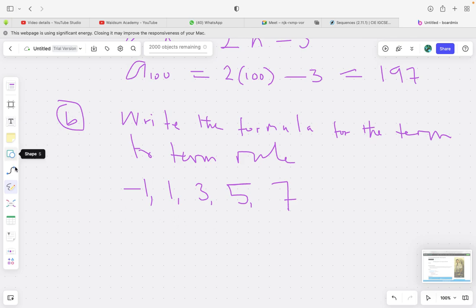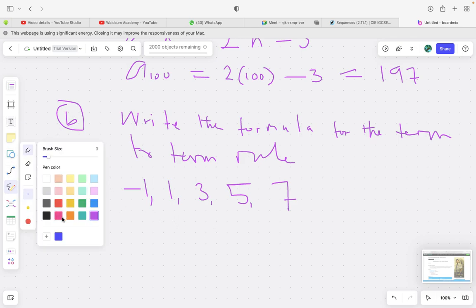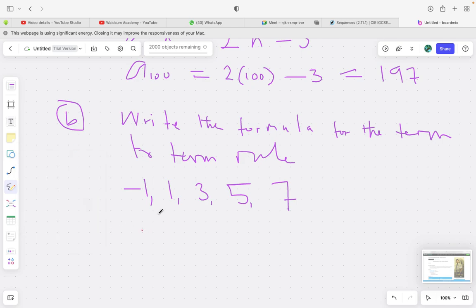Let's change the color. See the difference between the first term and the second term. From minus 1 to 0 is 1, from 0 to 1 is 2. So here is positive 2. Here is positive 2.